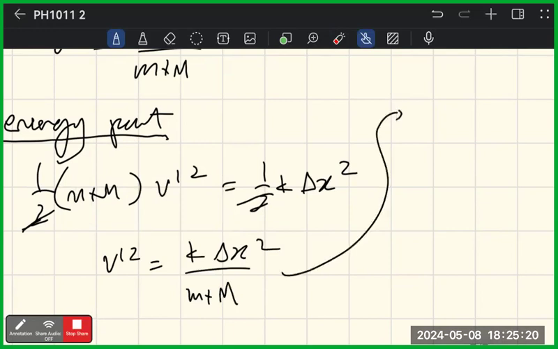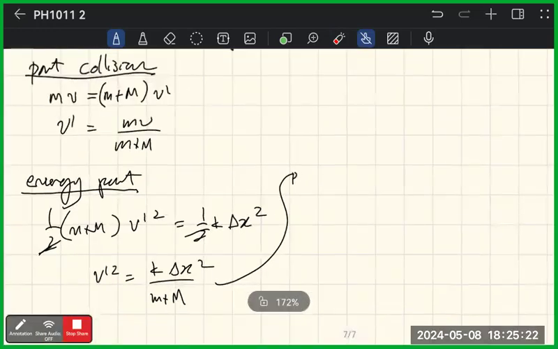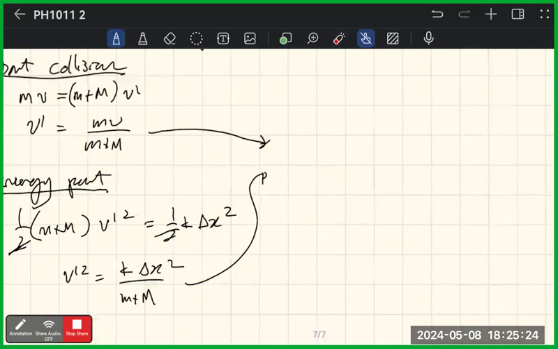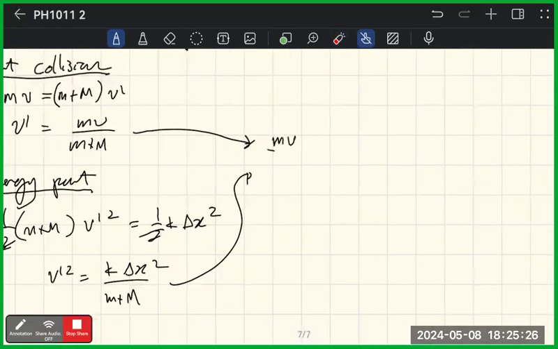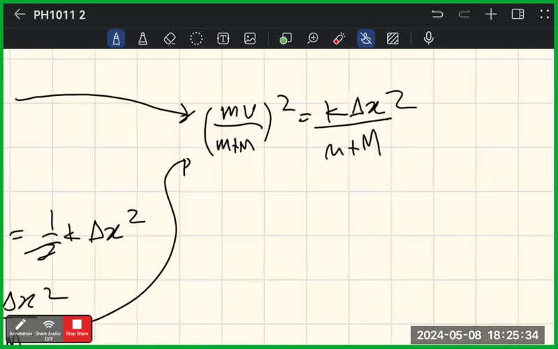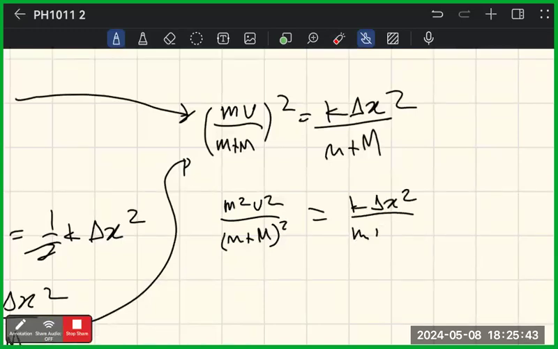Since v prime is this, we just substitute both. We get that (mv over (m plus M)) squared equals k delta x squared over (m plus M). So m squared v squared over (m plus M) squared equals k delta x squared over (m plus M).